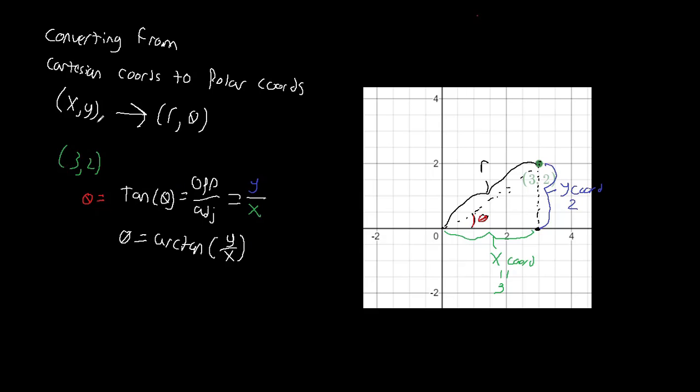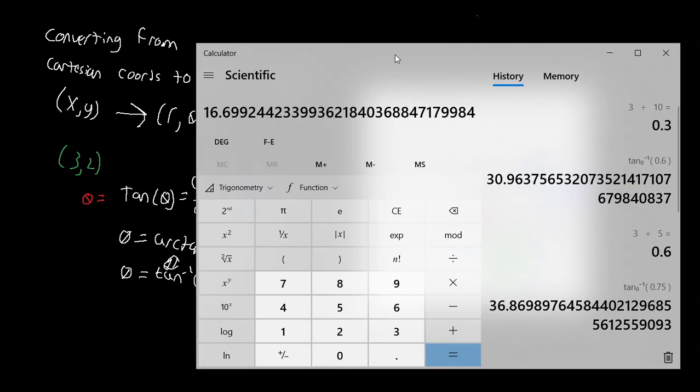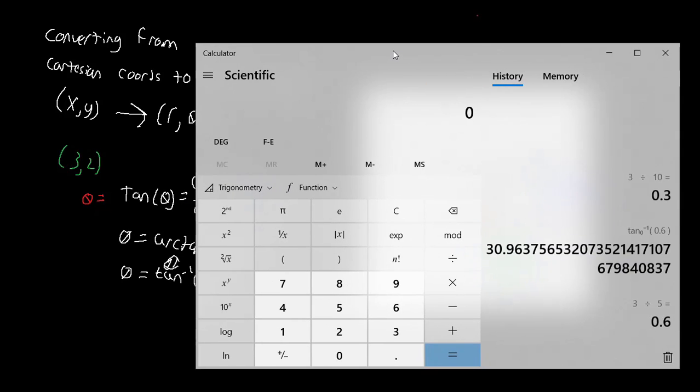So let's look at our example specifically. In this specific example, theta is going to be equal to tan^-1, and again, tan^-1 and arctan are the same thing, of the y coordinate, which in this case is 2, over the x coordinate, which in this case is 3. And that's the 3, 2 coming from our Cartesian coordinate. Okay, so let's bring up our calculator. Let's delete what we were doing from the previous video here.